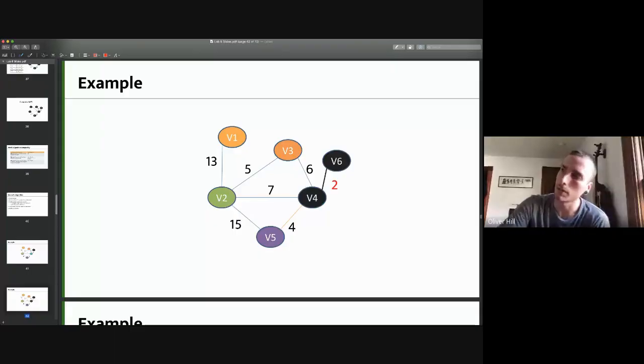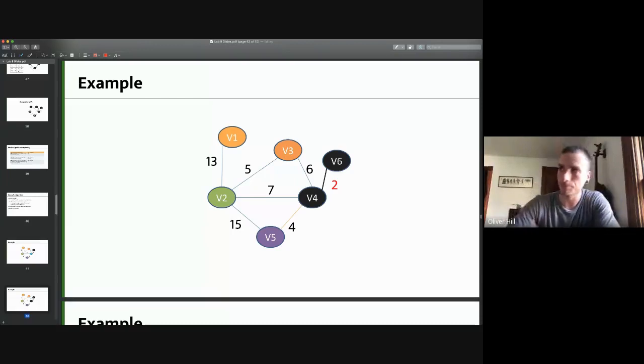Okay, someone tell me what the next edge we're going to add is. Either the weight or the two vertices or whatever. V4, V5. Yep, exactly. This is confusing. Okay, great.